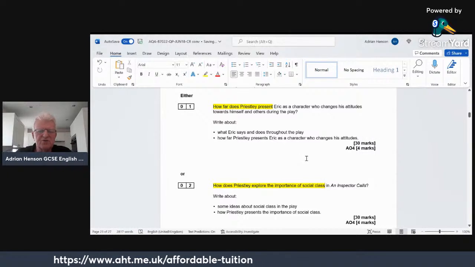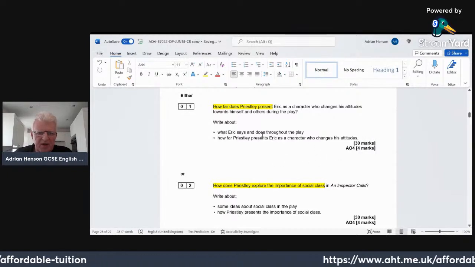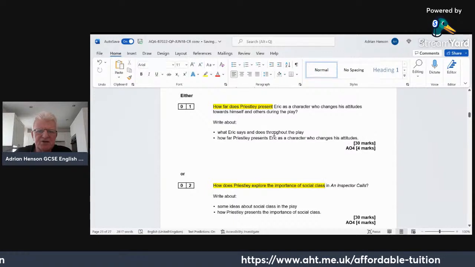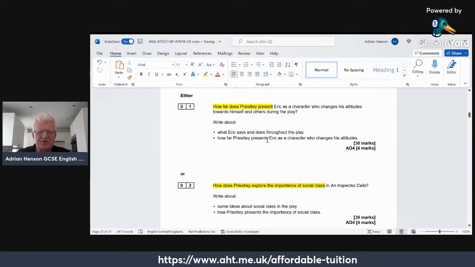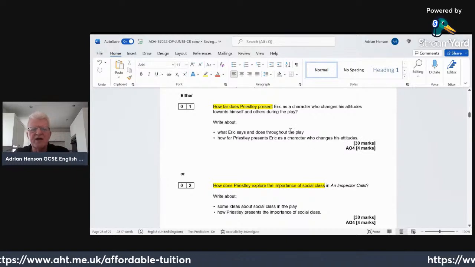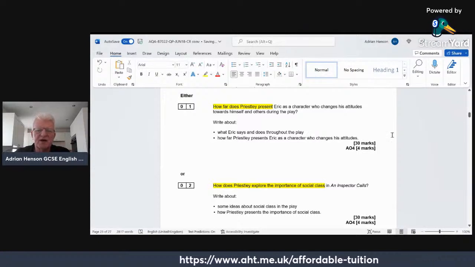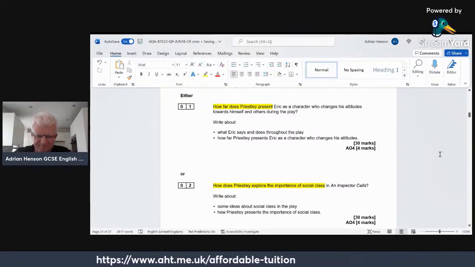You now need to work chronologically through the play, looking at what Eric says and does throughout the play, and how far Priestley presents him as a character who changes his attitude. So here we're getting the presentation of Eric, and you would look at the early part of the play, and then the later part of the play.